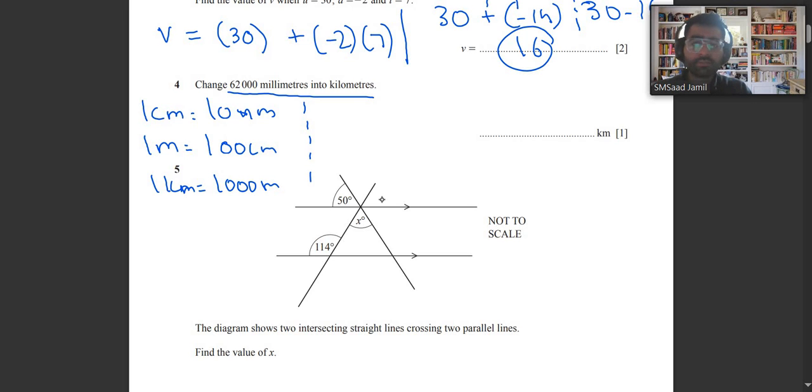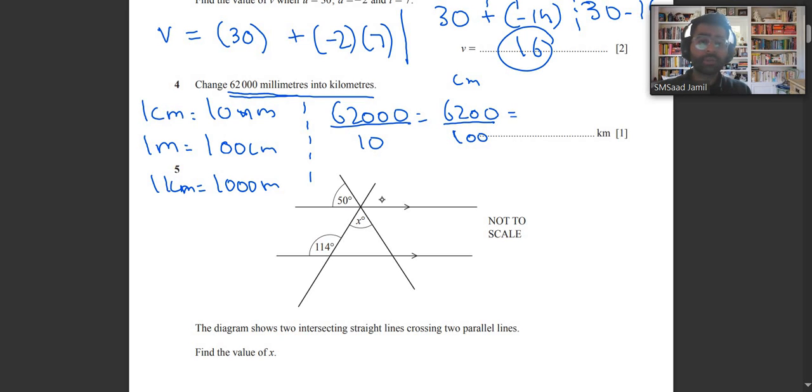First we will convert millimeters into centimeters, and for that we will divide it with 10. Okay, this becomes 6200. Now this answer is in centimeters. We will convert centimeters into meters. So we will divide it with 100. So zeros cancel, and this becomes 62, and this is meters.